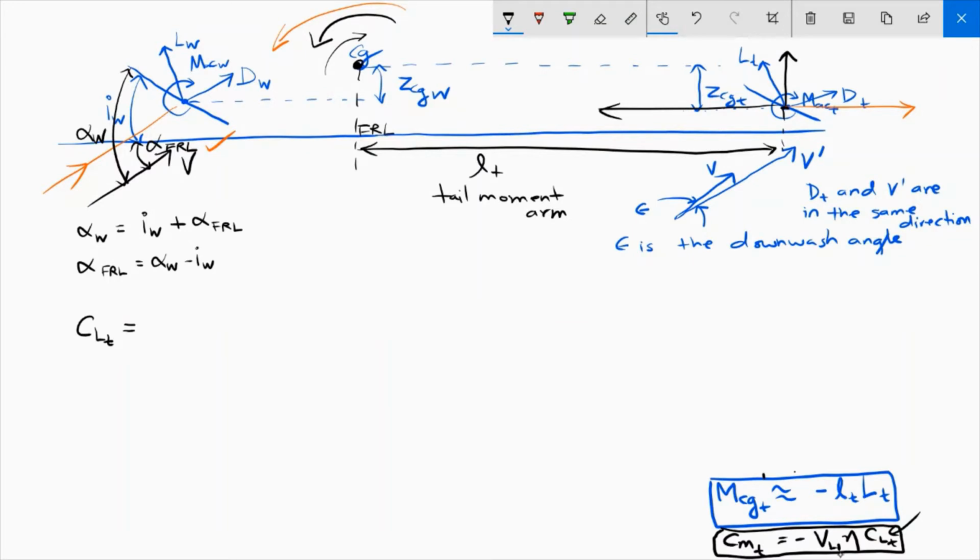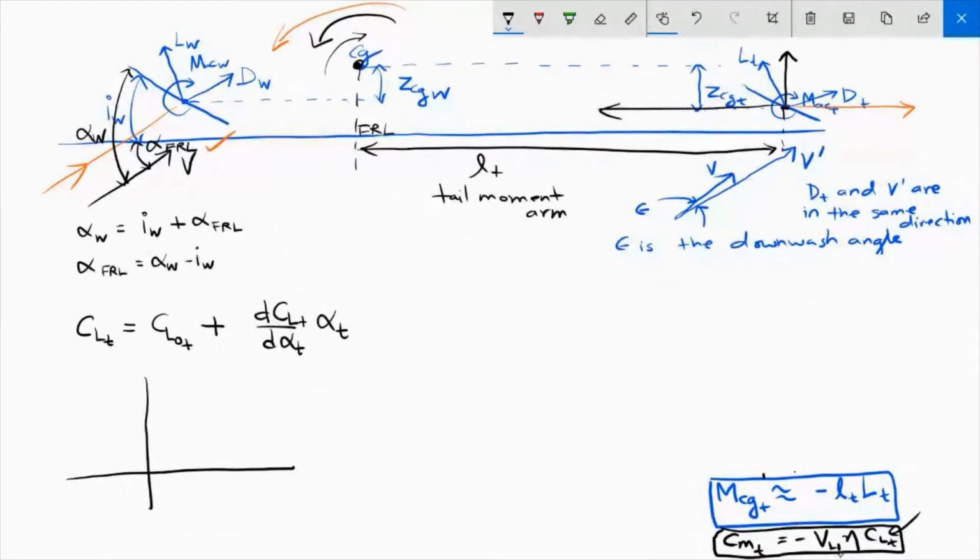CL equals CL0 T plus dCL T d alpha T times alpha T. Okay, now this is nothing new.